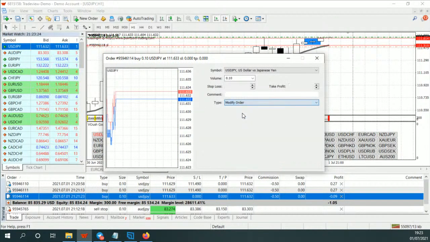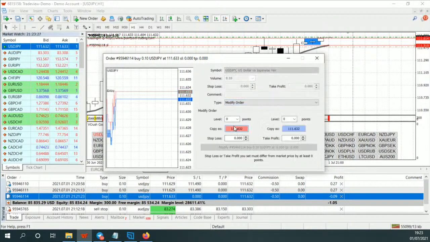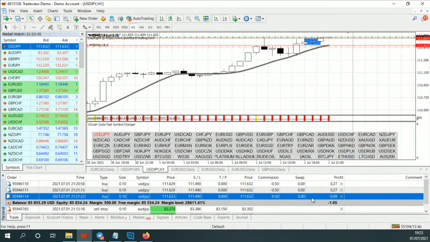Modify order. 49. So you've got 3 trades going on, and all 3 trades have the same stop loss, but they will have different take profit targets.